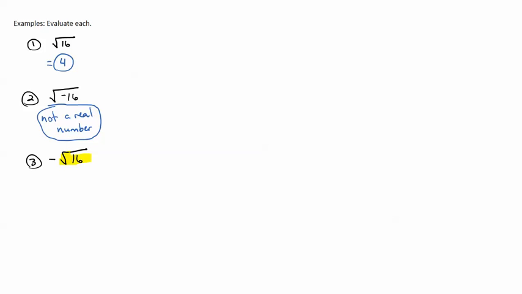So you consider the root as its own individual, and you carry down the negative outside. So you've got your negative, and then the positive square root of 16. So you just take the positive square root of 16, which is 4. So you've got negative 4. It's different than example 2. Example 4.